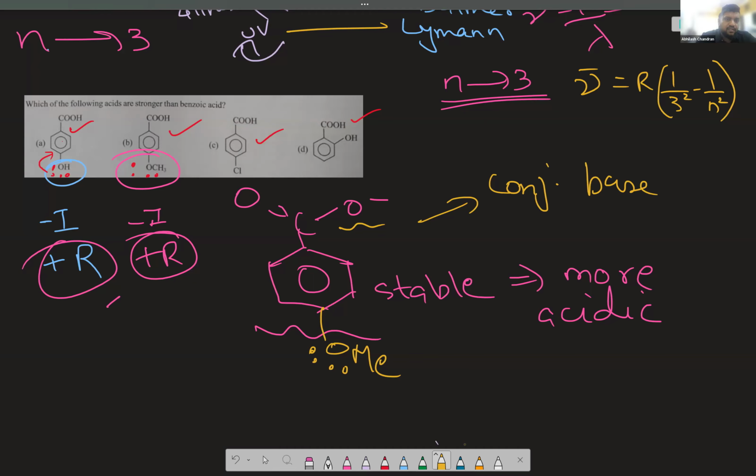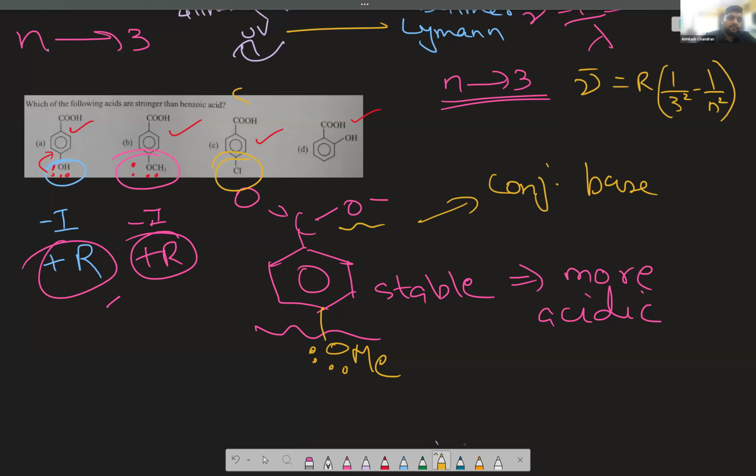But as far as this one is concerned, you can see this is good for us because at the para position we have chlorine. Of course, chlorine has a minus I effect. It's the third most electronegative element after fluorine and oxygen, so it does have an effect. It will reduce the negative charge on the conjugate base, take away that surplus negative charge from your O minus. So this is going to make it stable, right?